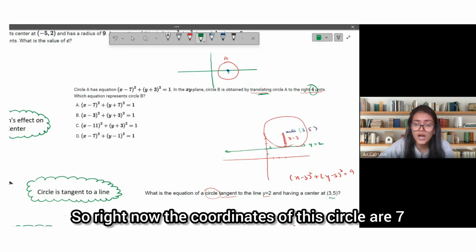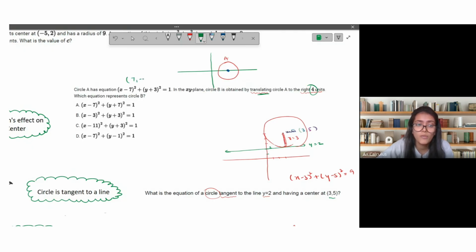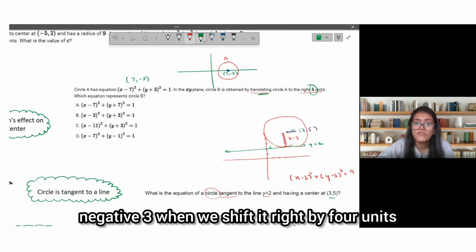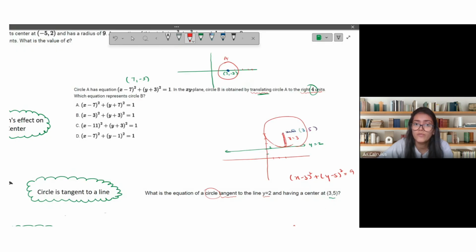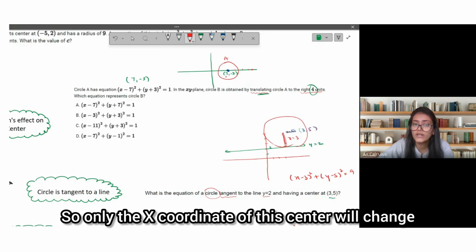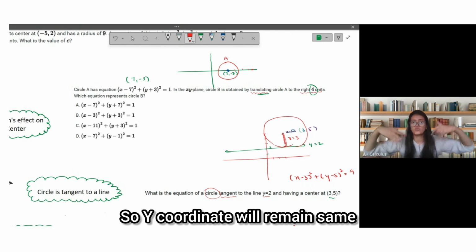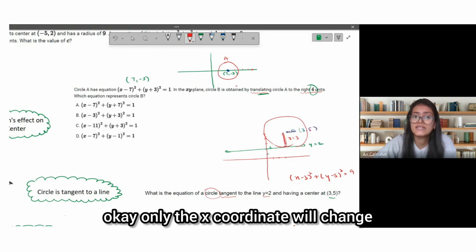Right now, the coordinates of this circle are 7, -3. When we shift it right by 4 units, 1, 2, 3, 4, only the x coordinate of this center will change. We're not moving it up or down, so the y coordinate will remain the same.